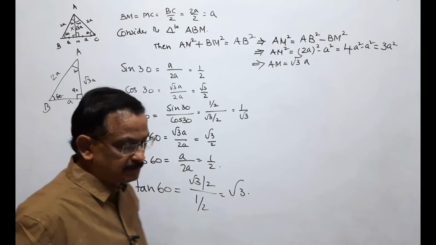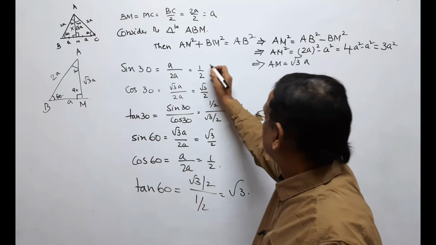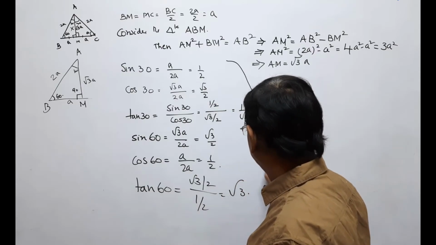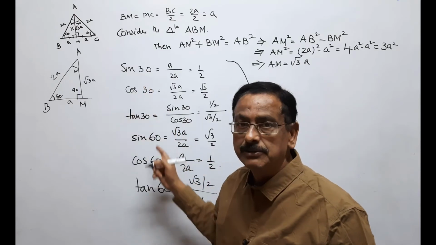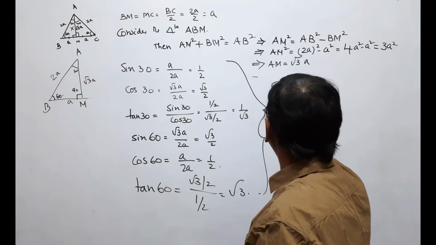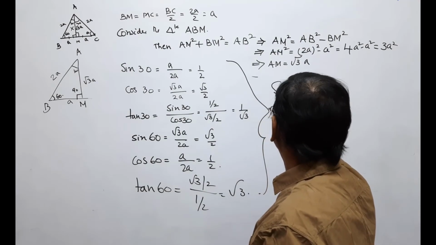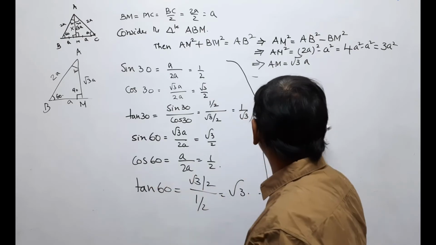Now let us see a small observation. Look at all this, root 3 and 1 for 30 as well as for 60. What is sine 30? 1 by 2. And cos 60 is 1 by 2.